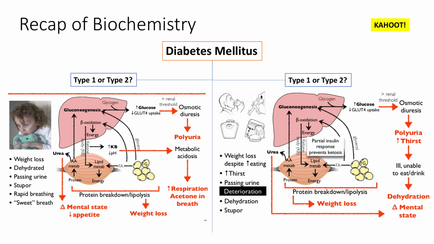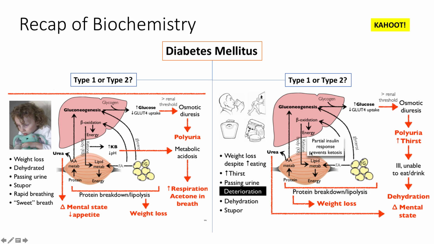Remember the difference between type 1 and type 2 is that type 1 has complete insulin deficiency, whereas type 2 has partial insulin deficiency. It's an insulin resistant state with partial insulin deficiency, but I'm still producing insulin. I'll leave you to digest this flowchart on your own, but the key is this box in the center that says partial insulin response prevents ketosis.